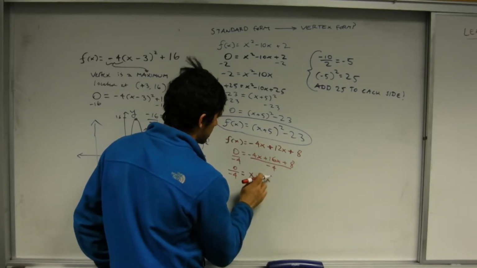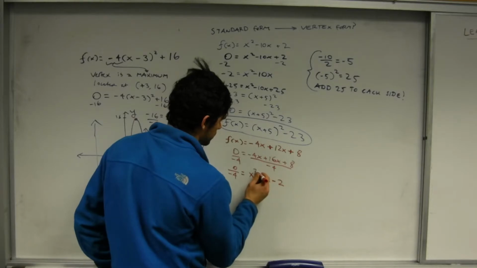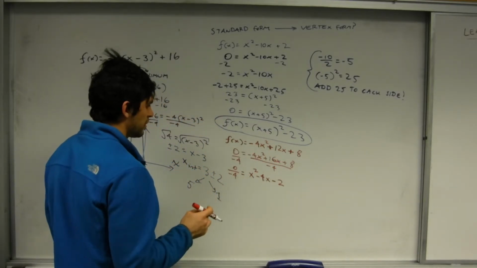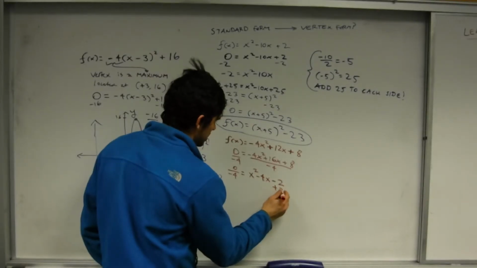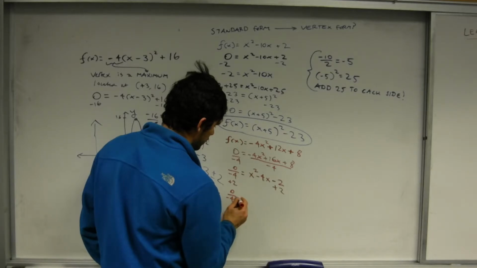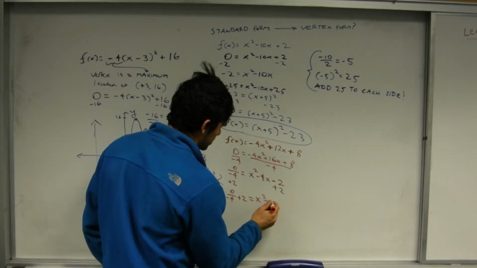Let's make this a minus 4x minus 2. I forgot to put the squared up there. So now we would add 2 to each side, and we get 0 over negative 4 plus 2 is equal to x squared minus 4x.